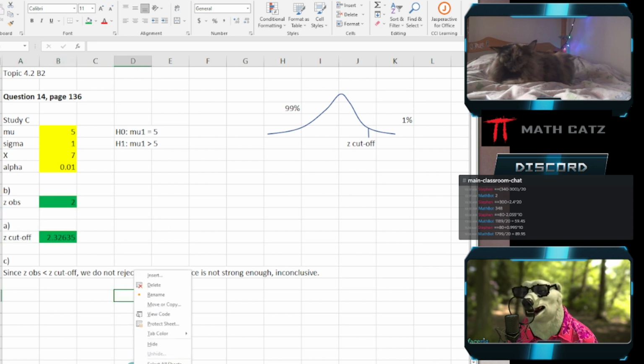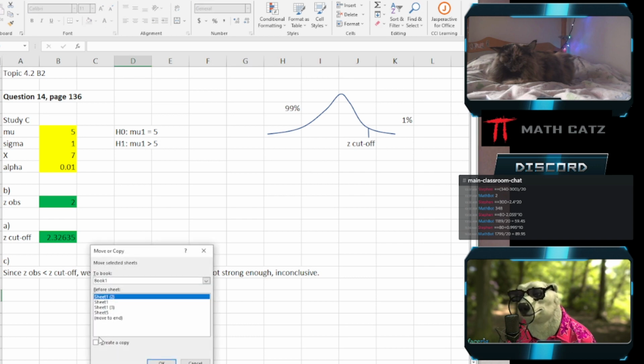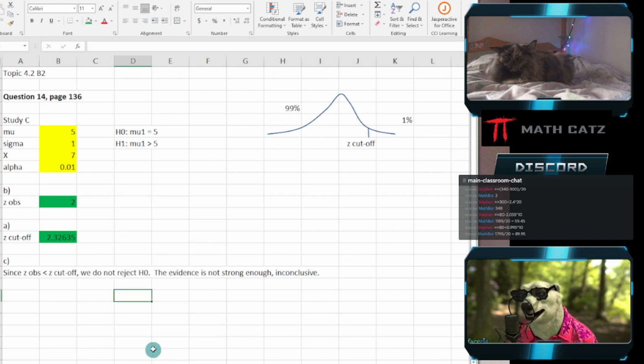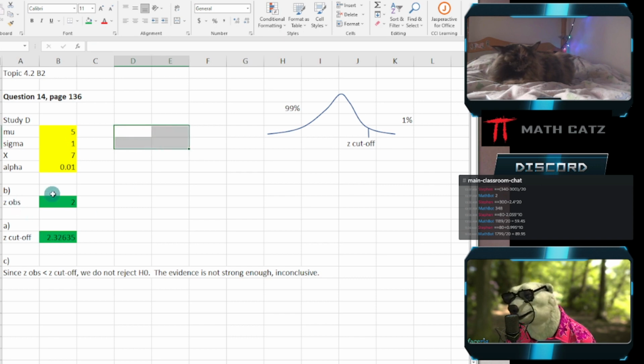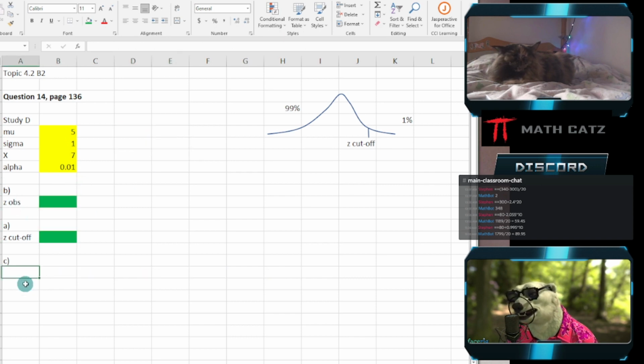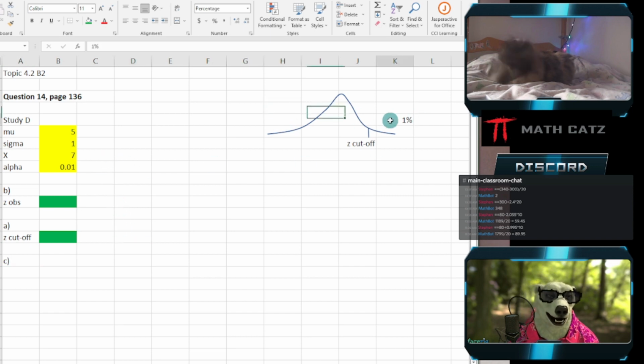All right, well, we have one more. Let's maybe copy this to the end and call this study D. Now, of course, a lot of this is the same. A lot of it is not the same. I'll just erase a lot of this and a lot of that, and we more or less have the same setup.